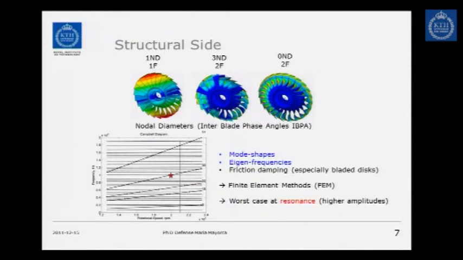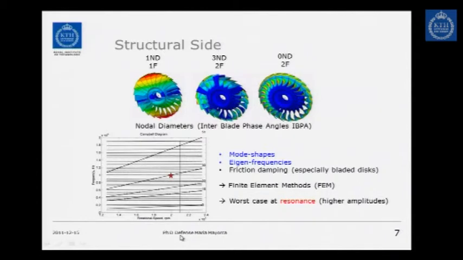But then every structure has a set of eigenfrequencies, and the critical position happens when the eigenfrequency coincides with the excitation frequency. And this is illustrated in a Campbell diagram, which is one of the important diagrams in turbomachinery, where you have the rotational speed on the axis, and then on the vertical axis you have the frequency. And then the horizontal lines can be the eigenfrequencies of the structure.